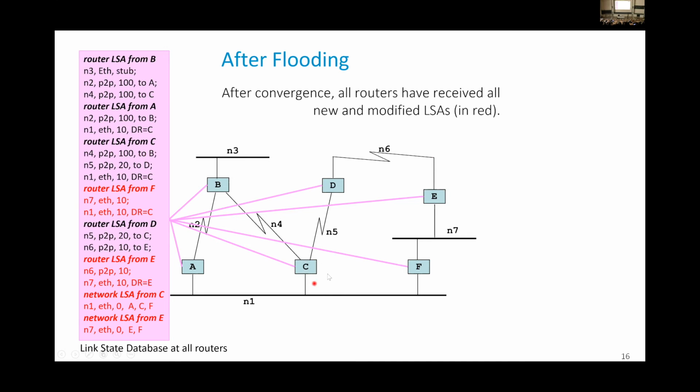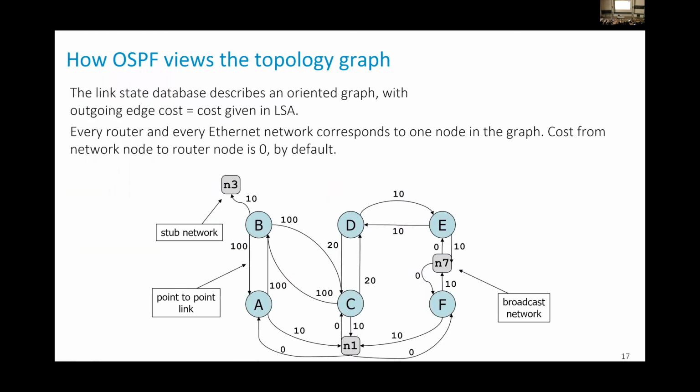C will also need to send an updated information, not because anything has changed in C, but because C as a designated router speaks for N1. And things have changed for N1. In N1, there's a new router, so there will be a new information from C here. So at the end of the process, if there is now no change in the network, this is how all the information will be available in all routers.